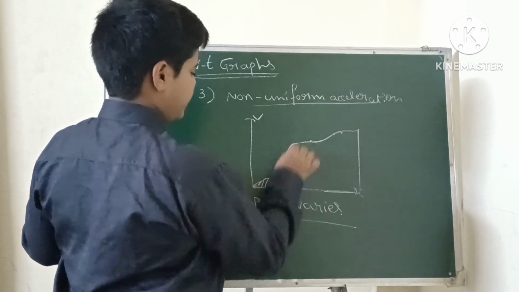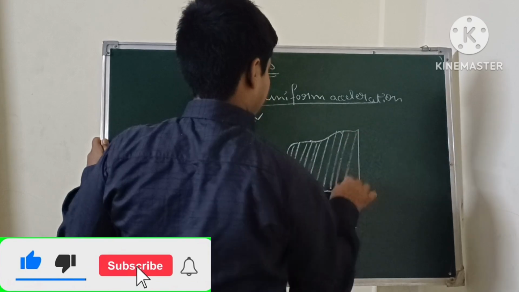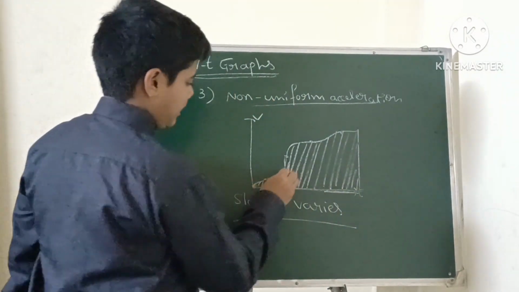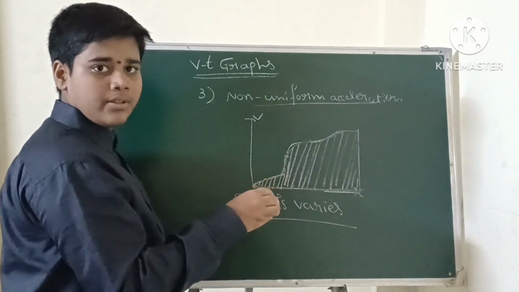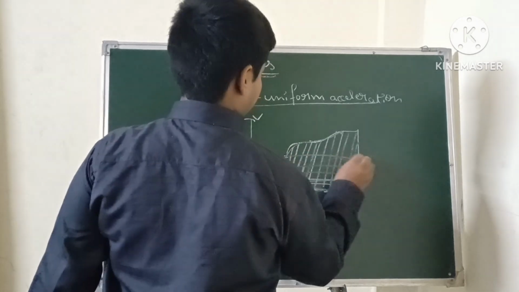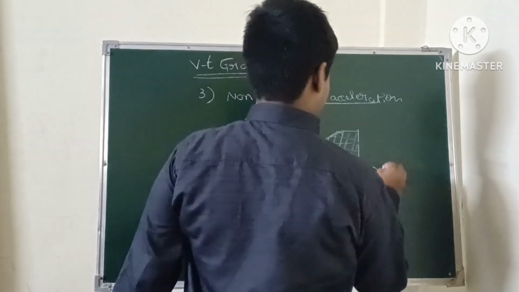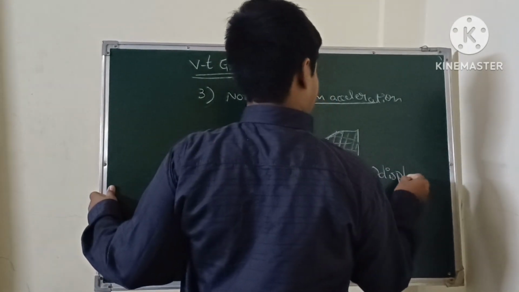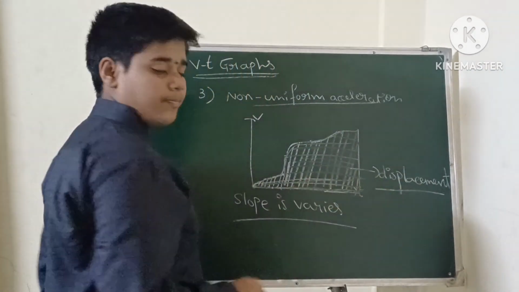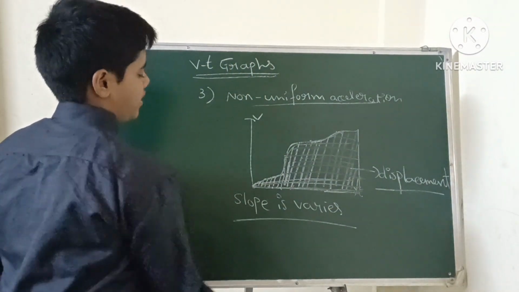See here, this full part is the area. From the x-axis to the given lines we have to shade. So that part is known as displacement. Okay. So this is the third graph, non-uniform acceleration.